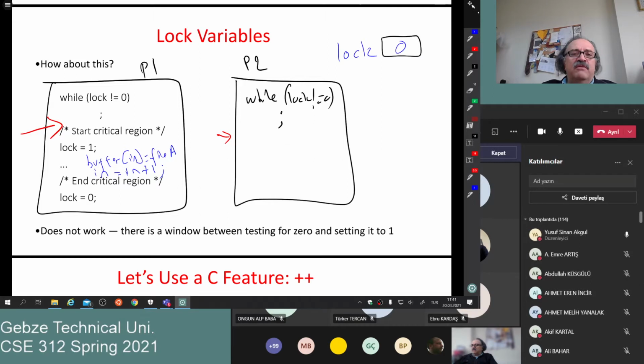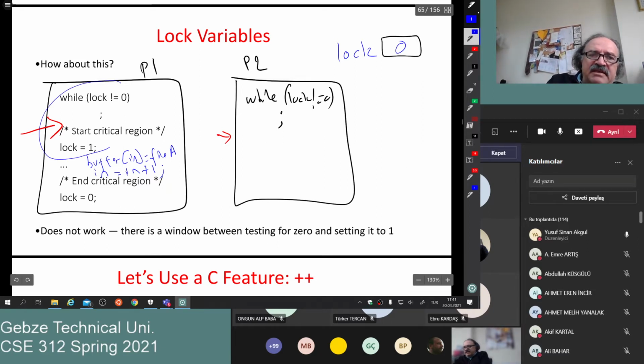That's not good. So there should be one way of doing this thing. I mean, this loop here and setting this lock to 1 should be executed in a single run.